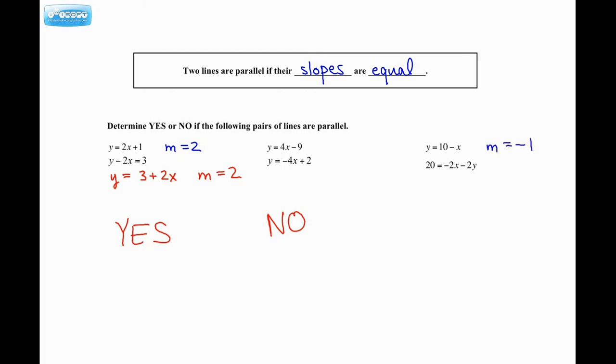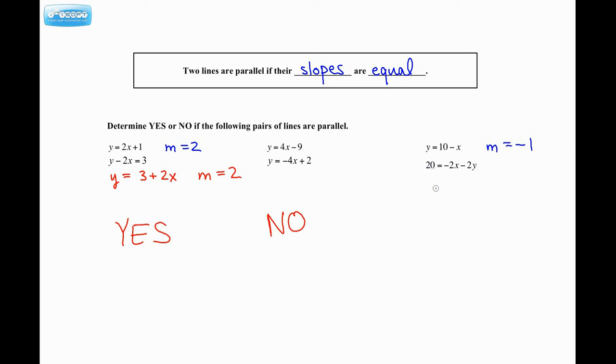However, I have an equation here that's not written in a nice form. Well, this was in slope-intercept form, so let's convert this to slope-intercept form as well. So let's just solve for y. I'm going to express the y on the left, and that means this 20 here that's on the left, I'm going to express that on the right by treating both sides the same.